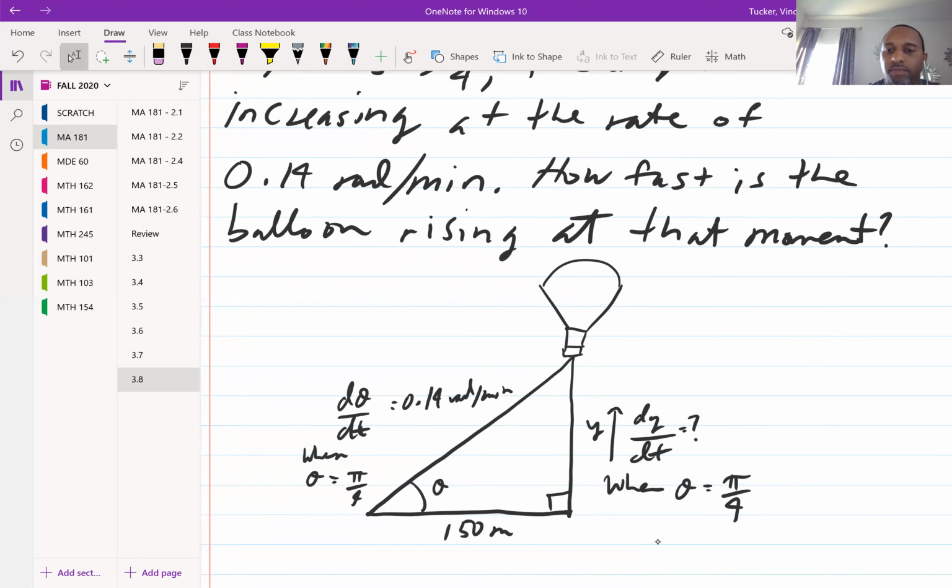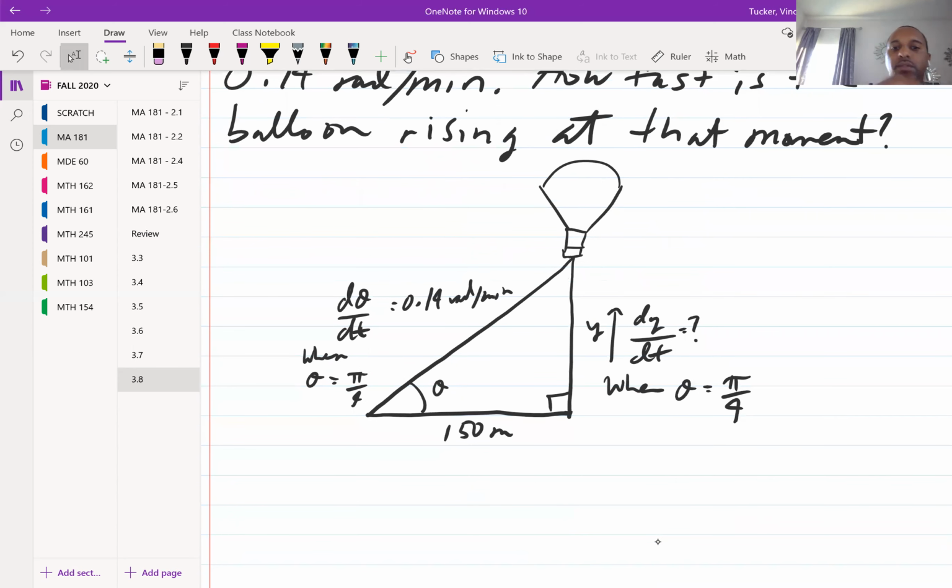All right, so here's the diagram. So we're looking at our theta, which is our angle of elevation, and our balloon. And we got then right here a rangefinder.